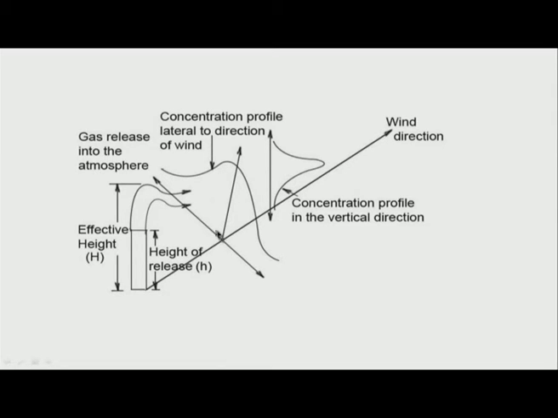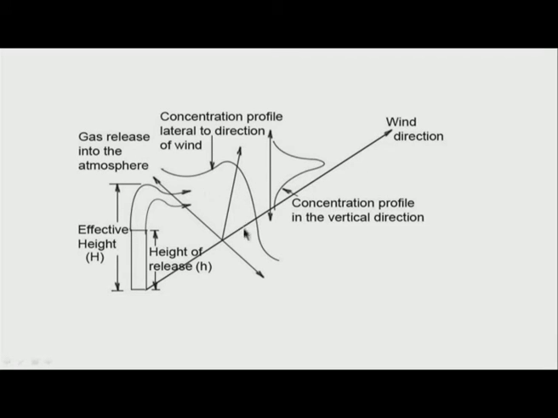Along the y direction, initially along the center line I have maximum concentration, and along the lateral direction the mass diffuses out or disperses out. Therefore the concentration is maximum along the center line, and then the concentration decreases along the negative y direction and along the positive y direction.